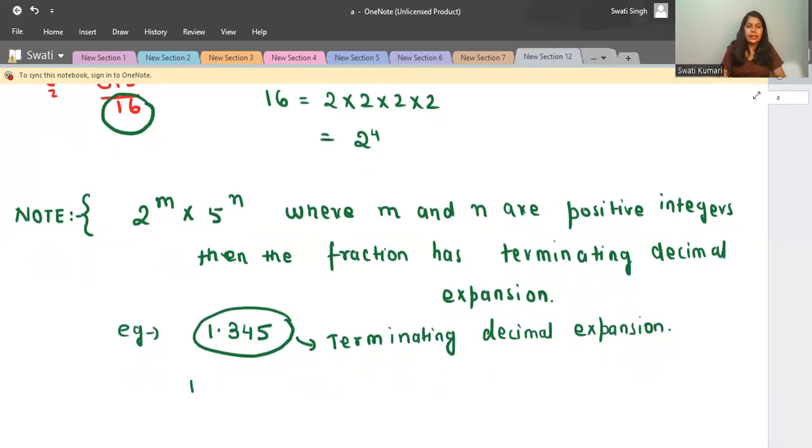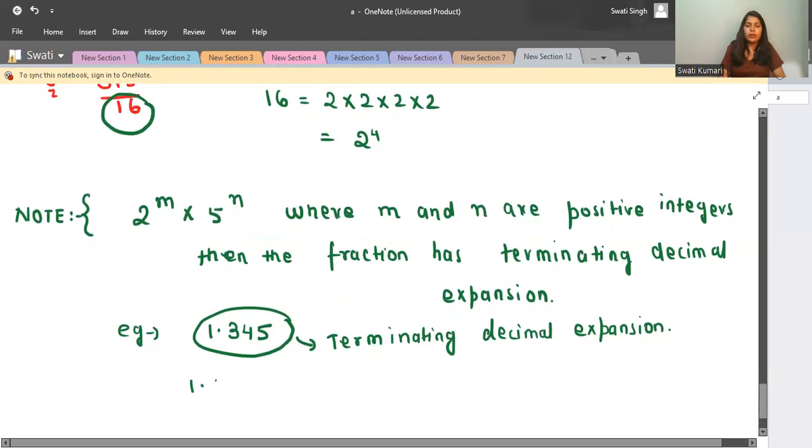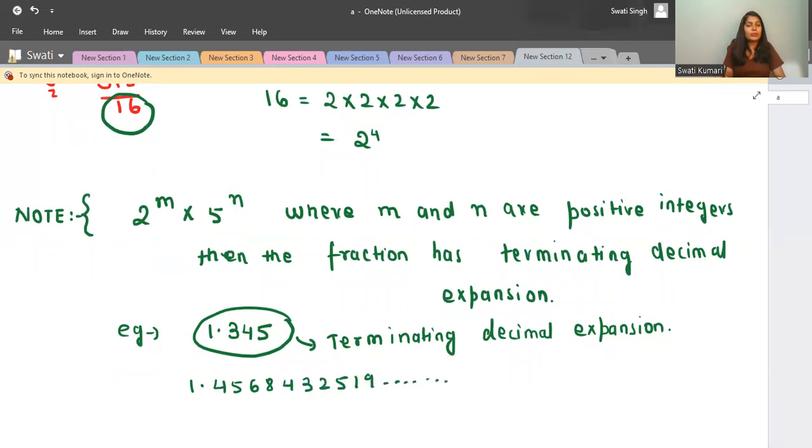Non-terminating will be something like 1.45684325198. It is not going to stop. It will go on, right? This is called non-terminating decimal expansion.